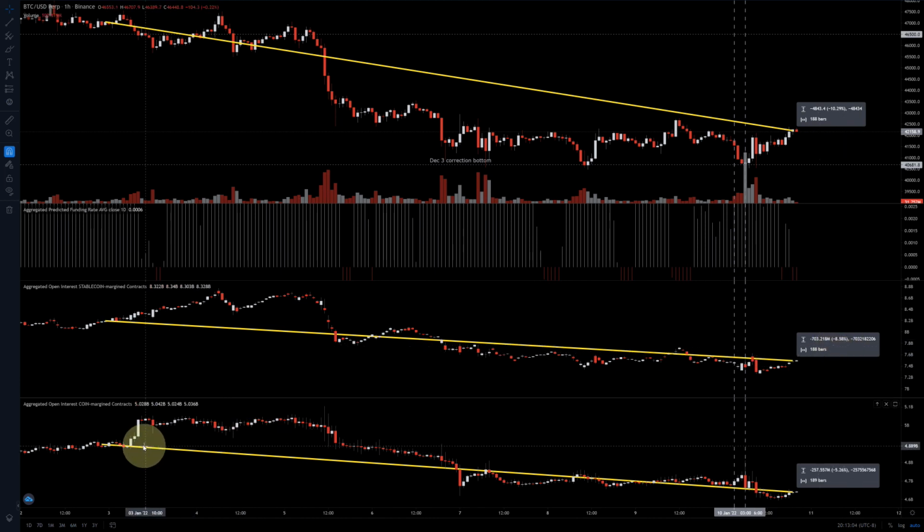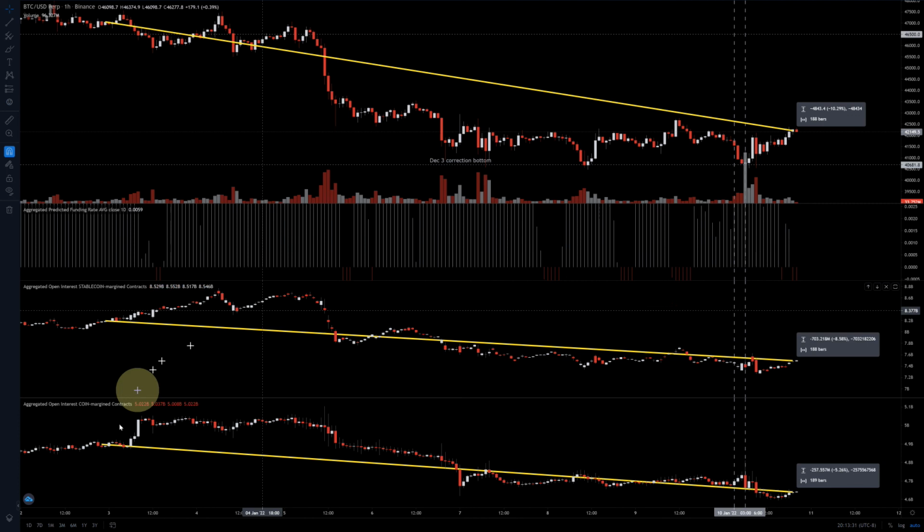And then here is the open interest for contracts that are backed by Bitcoin. That's why they're called coin margin contracts. From the third till now, this one dropped about 5.25%. So overall, even though we have had some liquidations, the liquidation came after open interest went up. It dropped just slightly from where it was before, and then it recovered.